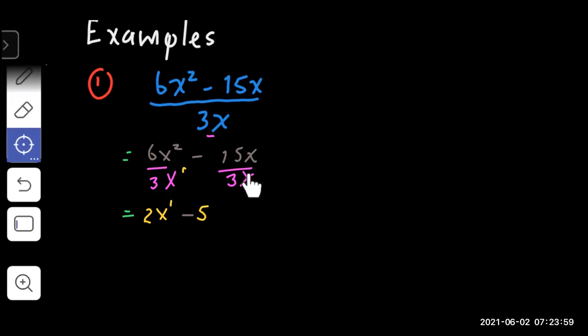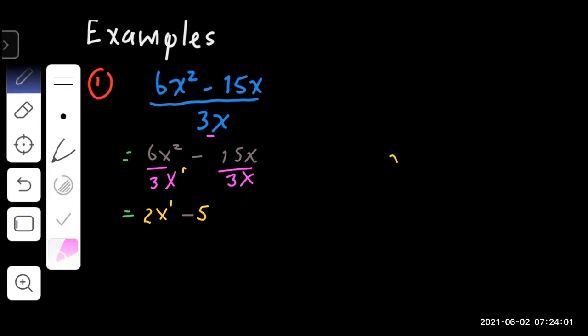Let's do it here. x divided by x. We copy the base and we subtract the exponents. The exponents here are 1. 1 minus 1 is 0. And x raised to the 0 power is 1.